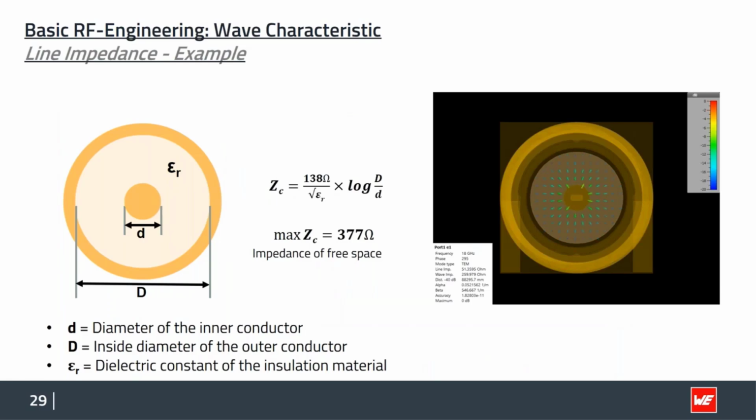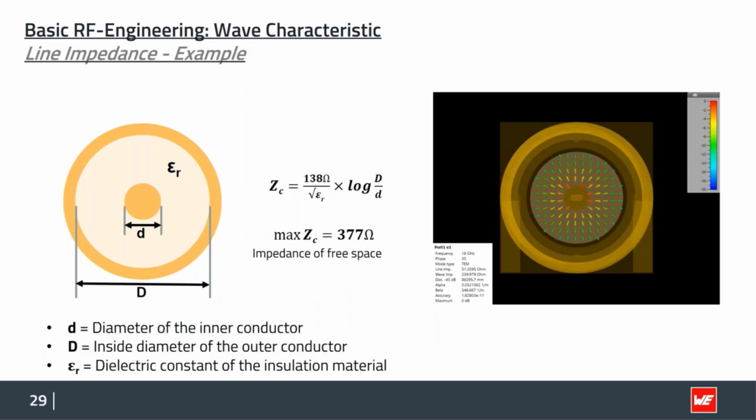Geometry, why does it have influence? We can see very well here in this example of the coaxial connector or a coaxial cable. It's the same here basically. So we can see that the characteristic impedance is 138 ohm divided by square root of epsilon r.